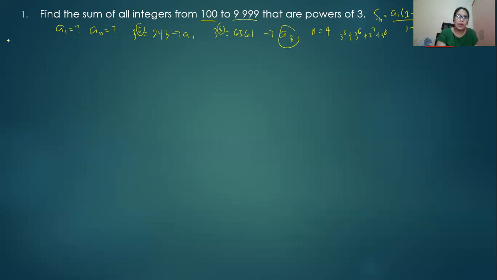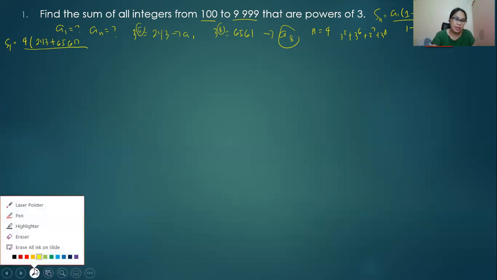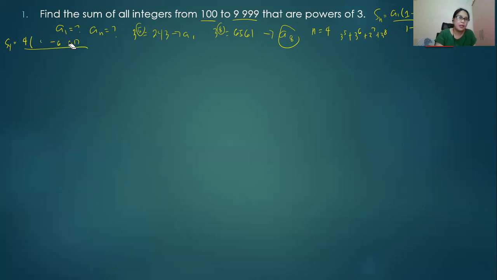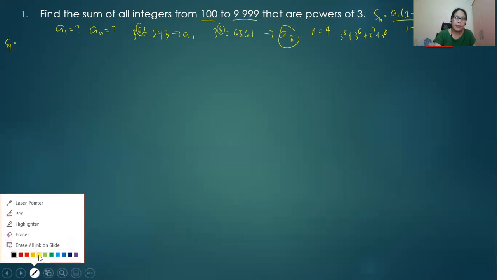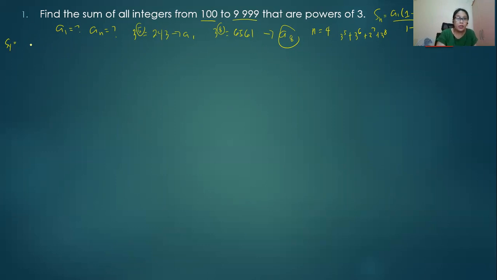Using this formula, we have S sub 4 equals a sub 1, which is 243, times quantity 1 minus 3 to the n, where n is 4, all over 1 minus 3.